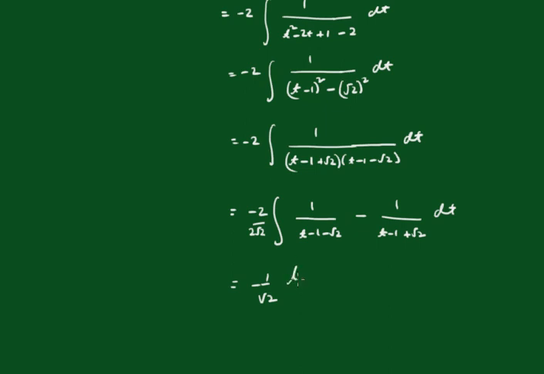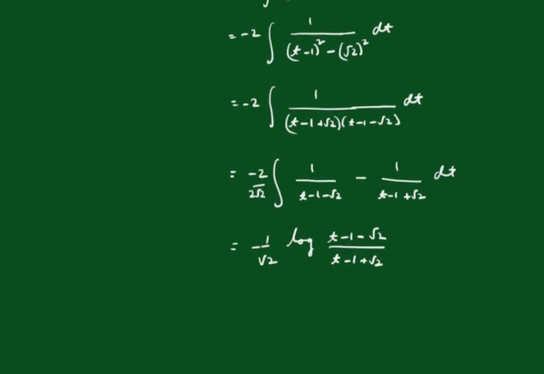Now this will be the log of t minus 1 plus root 2. Oops, did it again. Sorry about that. That one minus that one, so it's over this one, using division.